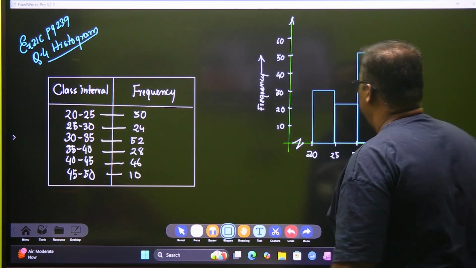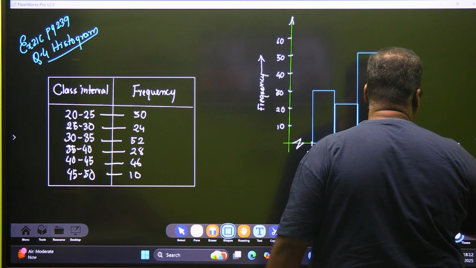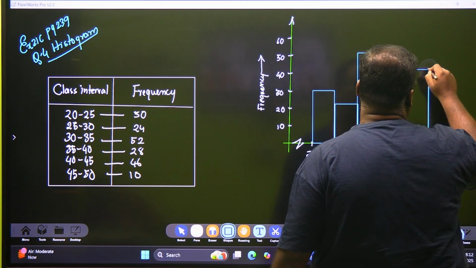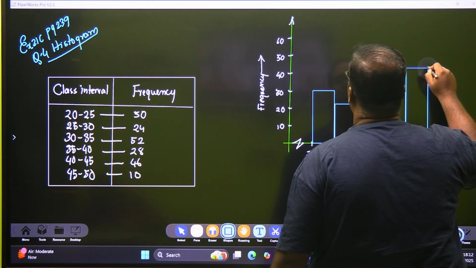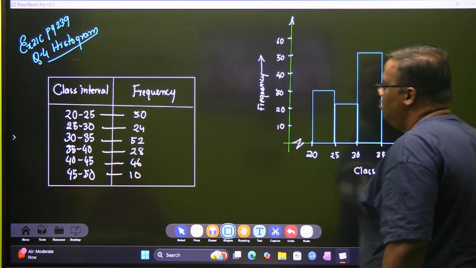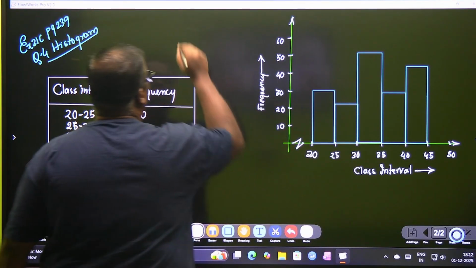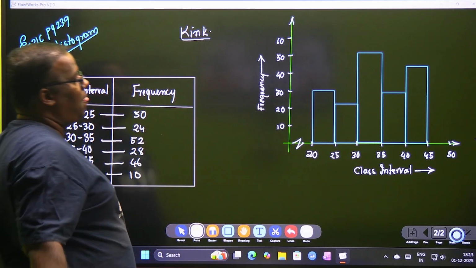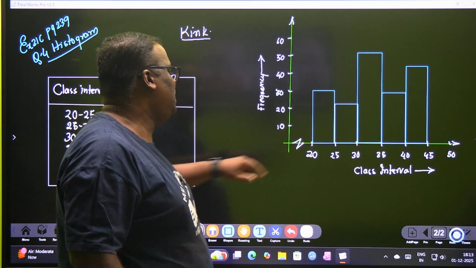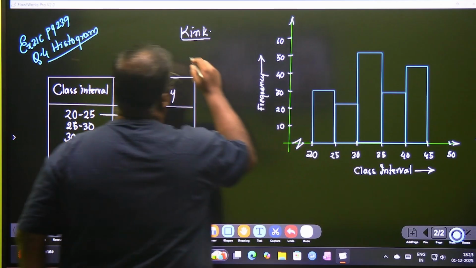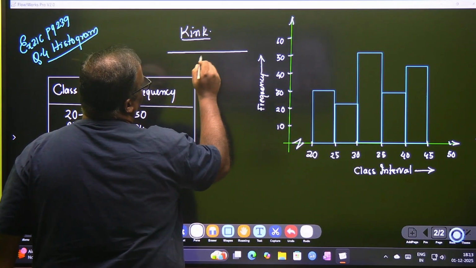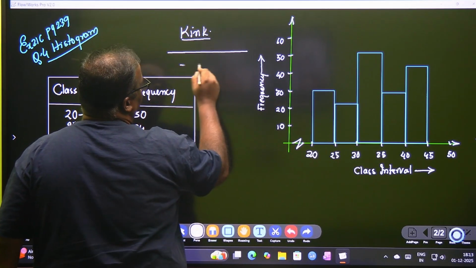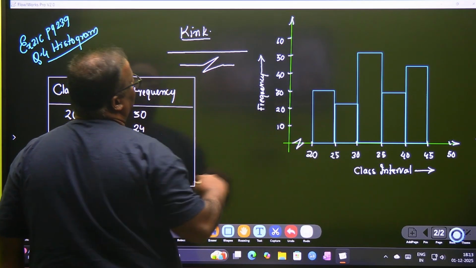Z नहीं बोलते हैं, इसको बोलते हैं kink. So the kink, it is like the axis has been folded. ये देखो, ये एक स्ट्रेट लाइन है, हमको ये छोटा करना है तो हमने क्या किया, इसको फोल्ड कर दिया.